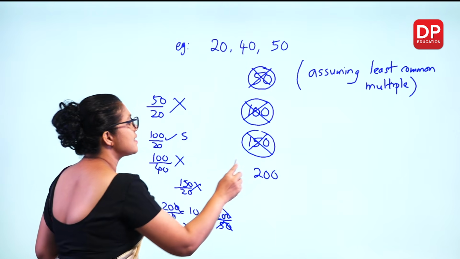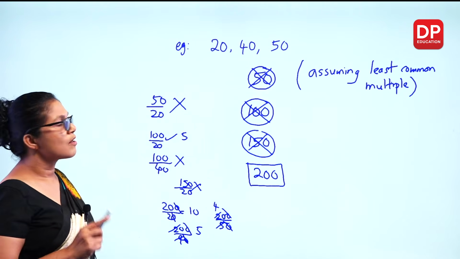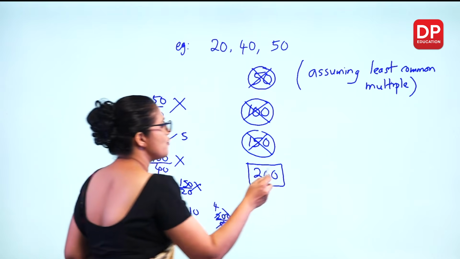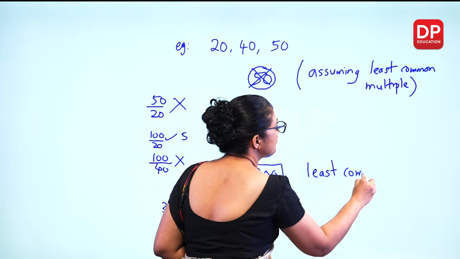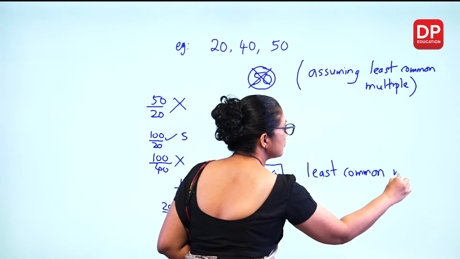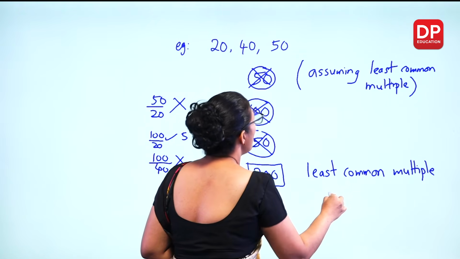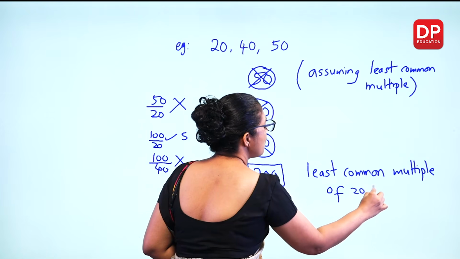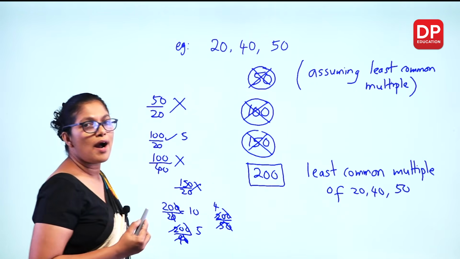So that means 200 is the least common multiple. So we can write the least common multiple of 20, 40, 50 is 200.